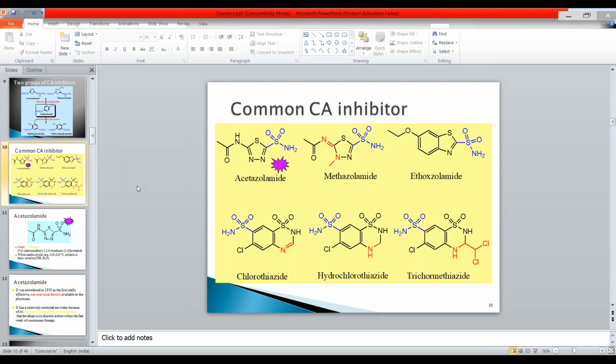And type 4, Roman number 4, type 4 CA, which is present near the luminal brush border membrane.